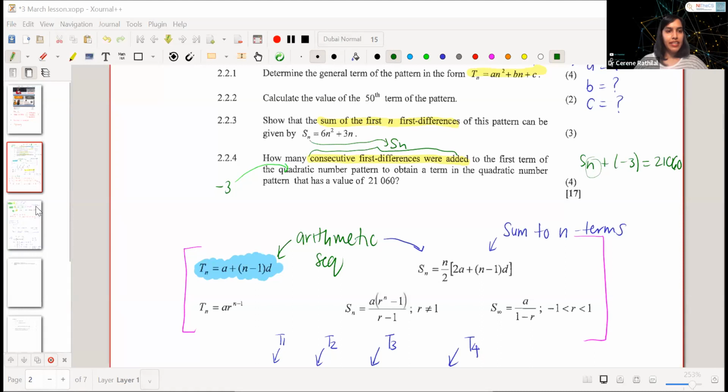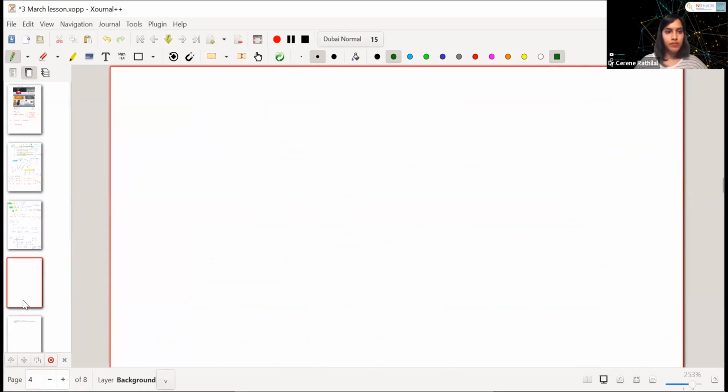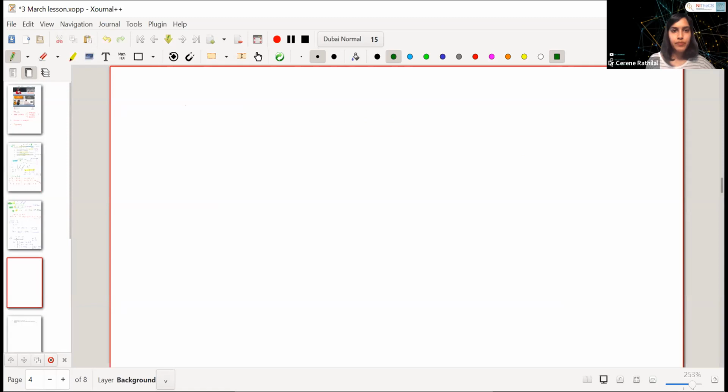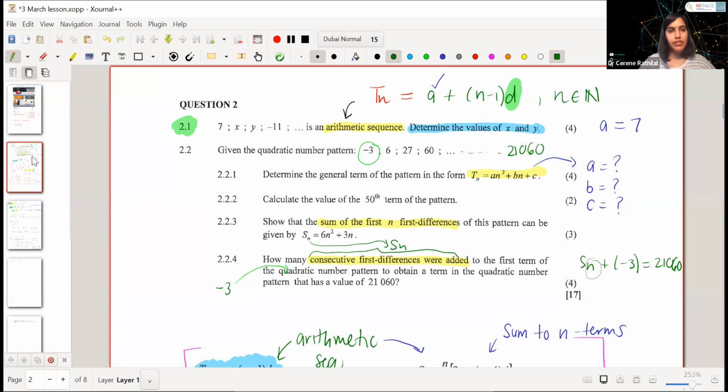Let's now create a new page. This part of the question is 2.2.4. And we said we're solving Sn - 3 equals 21,060.